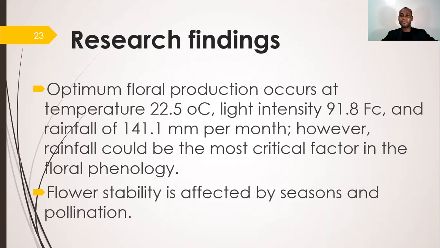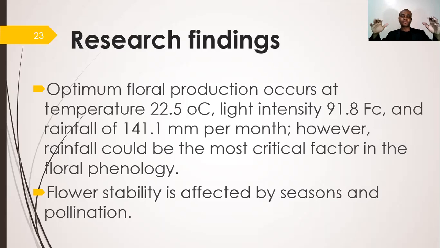If your farm is really too crowded with trees and other things, then flower formation is also going to be affected because light is really needed for flower formation. And then among these factors, rainfall usually is the most influential factor for flower formation.